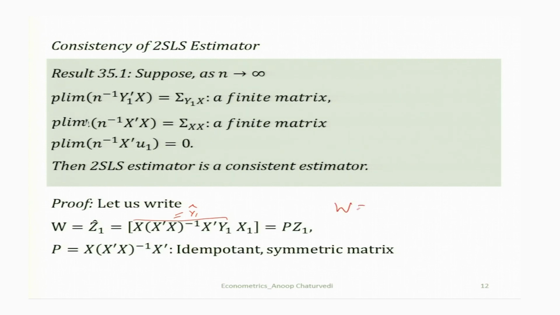So, W is equal to Y1 hat, X1, and then we write it equal to P Z1, where P is equal to X (X transpose X) inverse X transpose. So, P is an idempotent symmetric matrix.